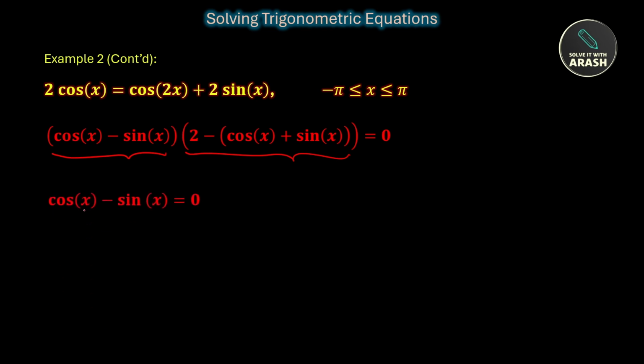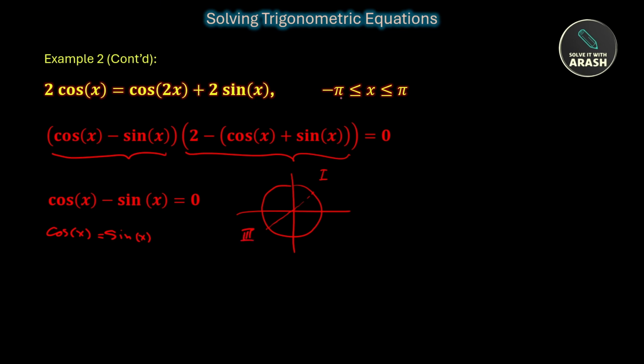With the first one, cosine of x minus sine of x equals 0, we can see that cosine equals sine of x. And if we try the unit circle again, we can see that this happens at the reference angle pi over 4, and it happens in the first quadrant and third quadrant.